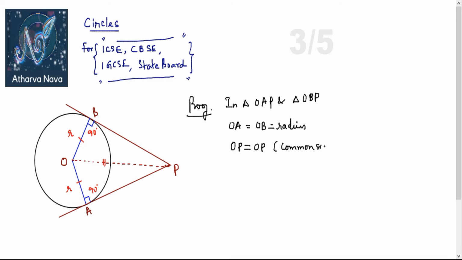That's a common side, common for both the triangles. And angle OAP equals angle OBP equals 90 degrees. Tangent perpendicular to radius. That's the perpendicular symbol.